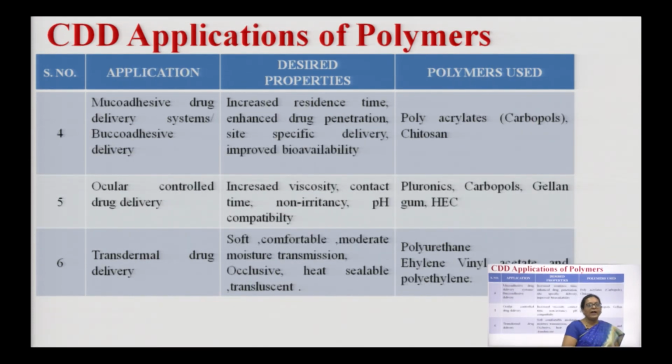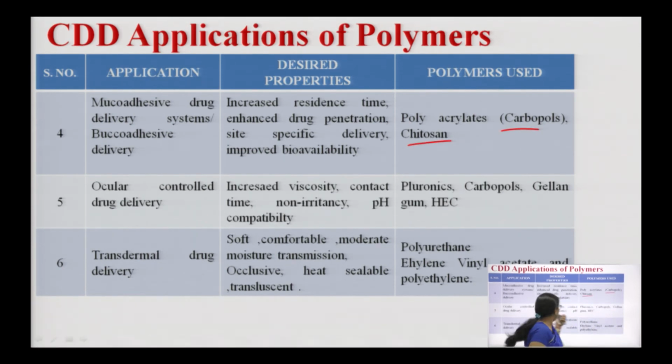Then we have mucoadhesive drug delivery systems or bucco-adhesive drug delivery systems. The intended action here is increased residence time, enhanced drug penetration, and we desire site specific delivery also. Two important examples are chitosan and carbomers or carbopols.